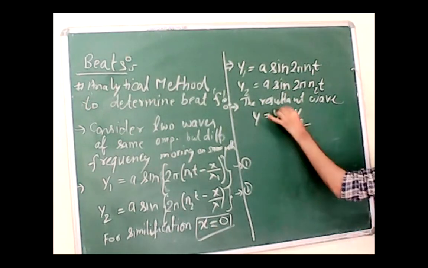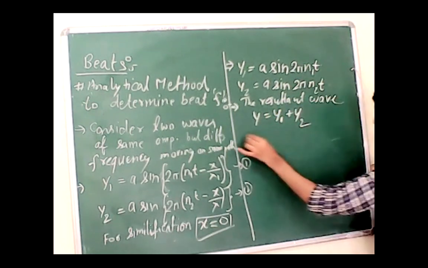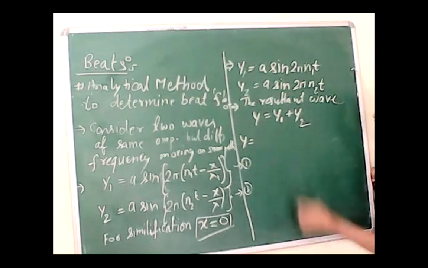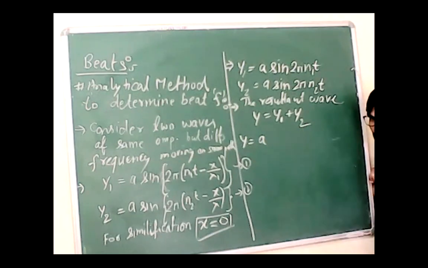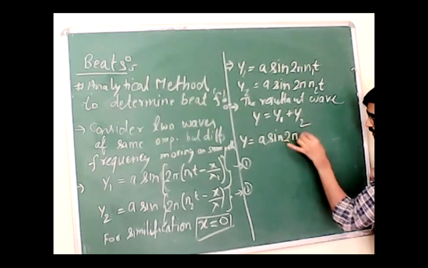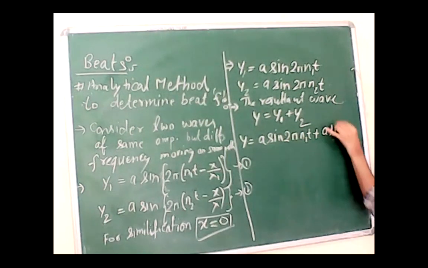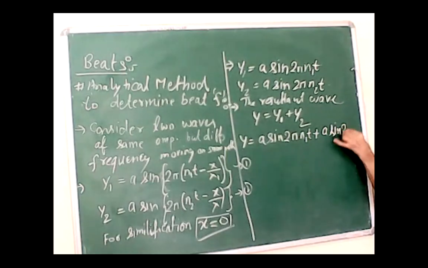Now we substitute, so it will come out to be a sin 2 pi n1 t plus a sin 2 pi n2 t.